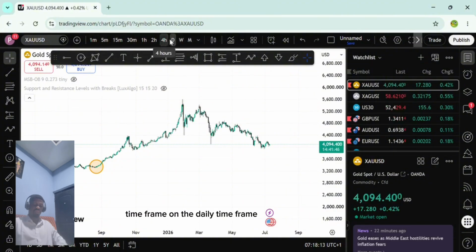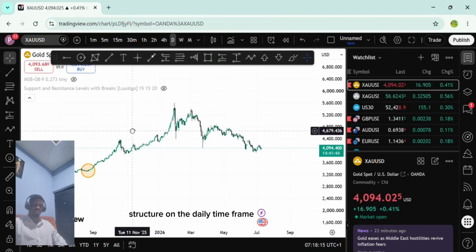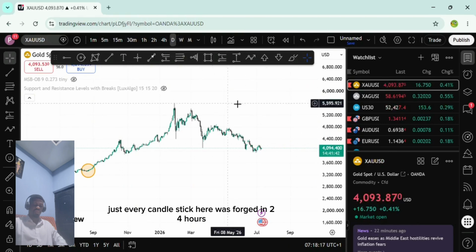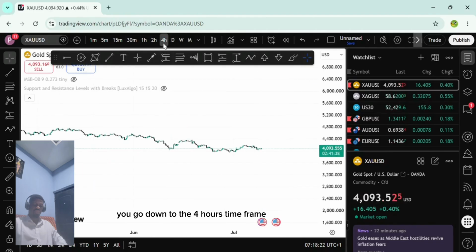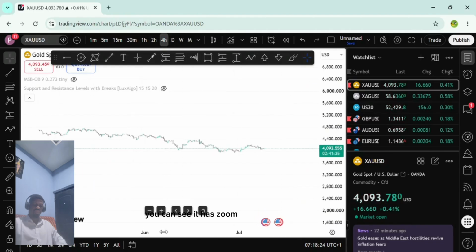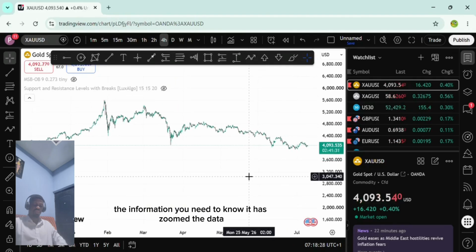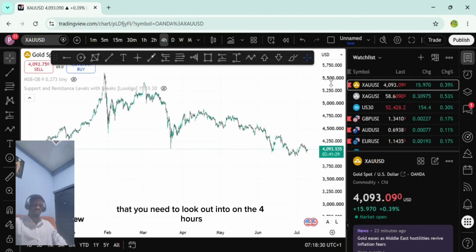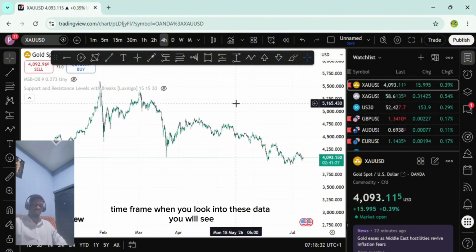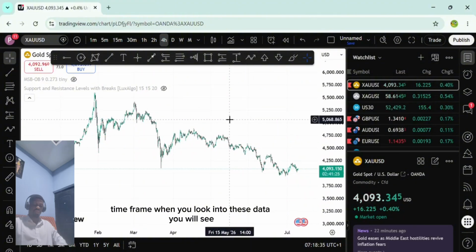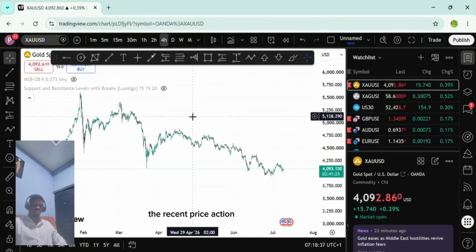On the daily time frame, every candlestick was forged in 24 hours. You go down to the 4 hours time frame, and you can see it has zoomed the data. There is more data that you need to look into on the 4 hours time frame. When you look into this data, you will see the recent price action.